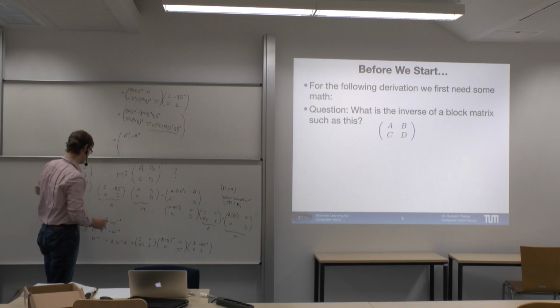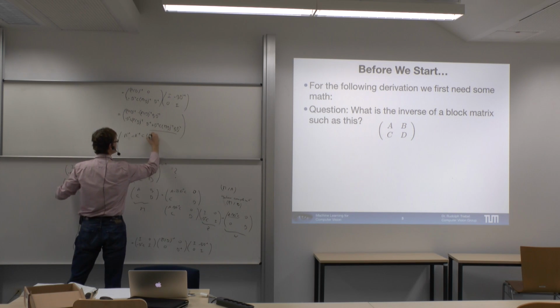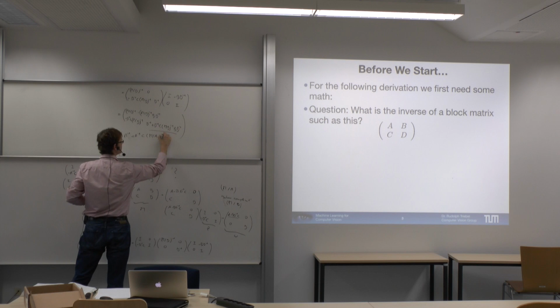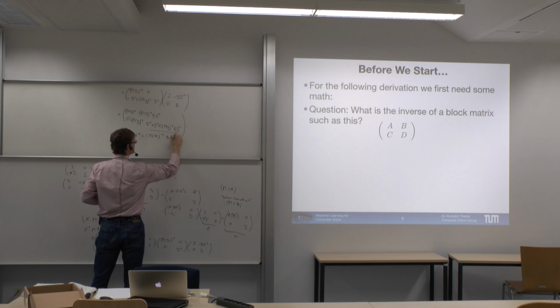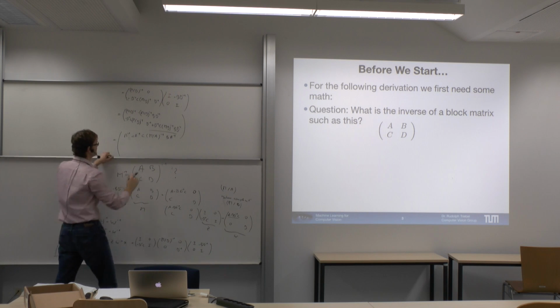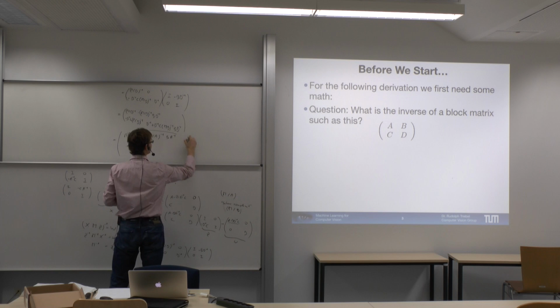Oh yeah, this should be C, B A to the minus 1. I'm not perfectly sure if this is correct, but it should be correct, let's say.